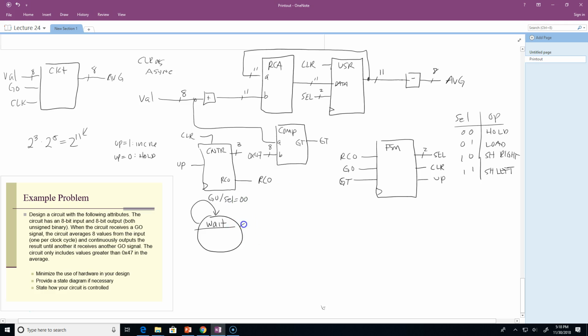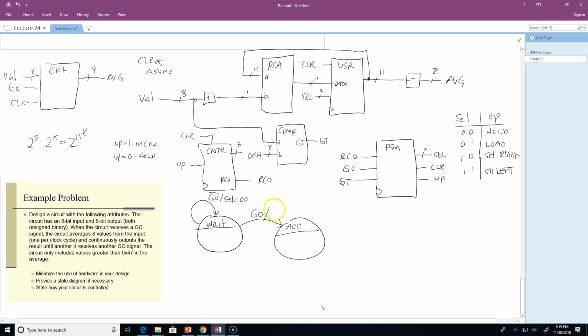Okay, so I get a go. I get a go signal, and I am going to do some accumulation on this thing. In the meantime here, this output is doing its thing out there. So what I want to do is go not. Here's my go.